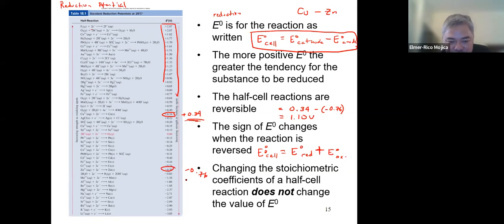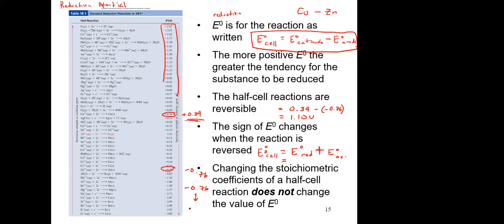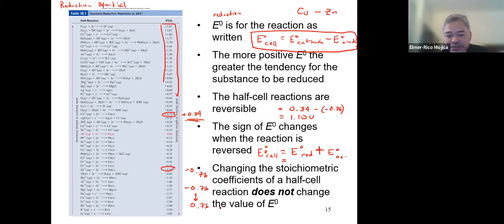What do you think happened to the negative 0.76 value when it undergoes oxidation? Anyone? If you reverse the reaction, what happens to the sign? It switches. It becomes positive. So it becomes 0.76.